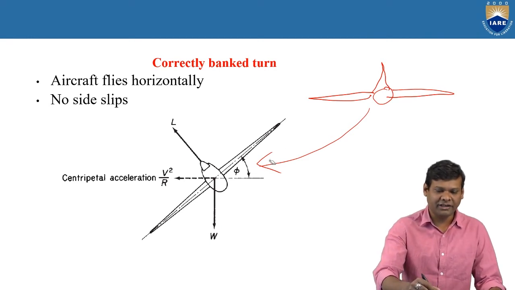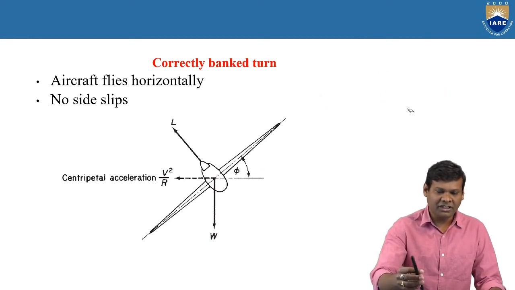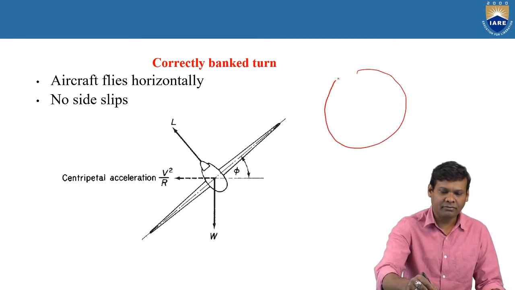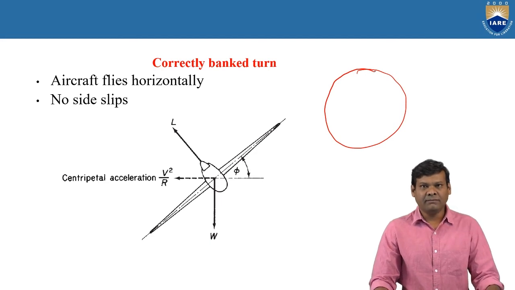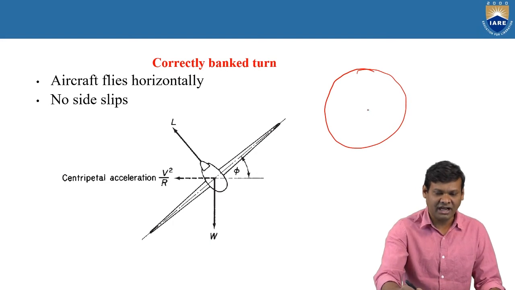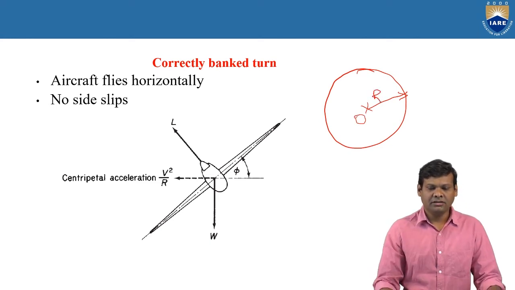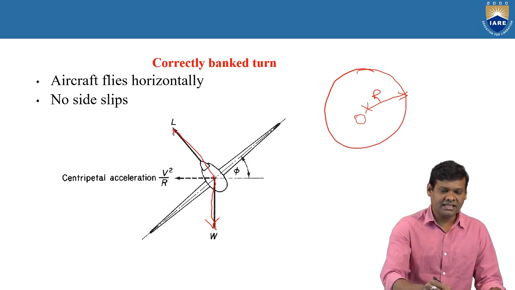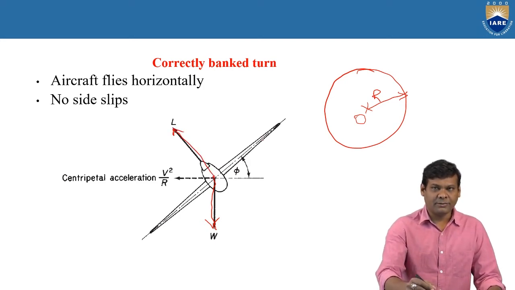Let us draw the free body diagram of the flight. When you look from the top view, you will see that the trajectory of the flight is a circle of radius r at some arbitrary center O. The weight W is always acting downwards, and lift is acting along the normal.